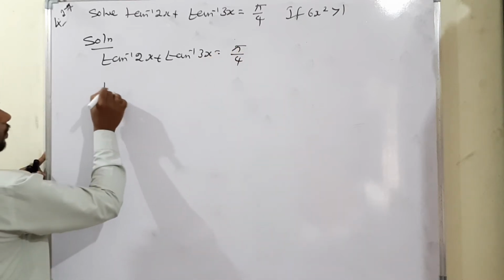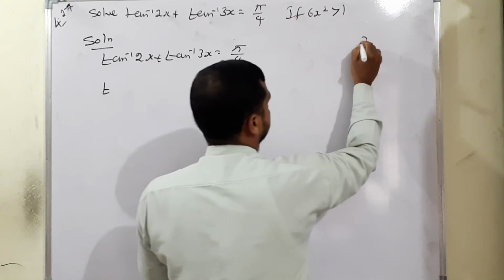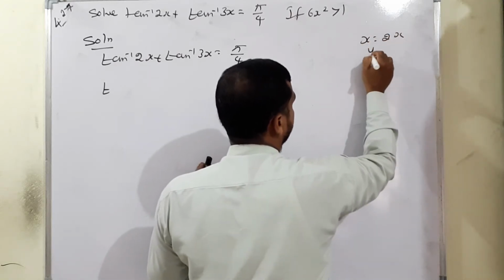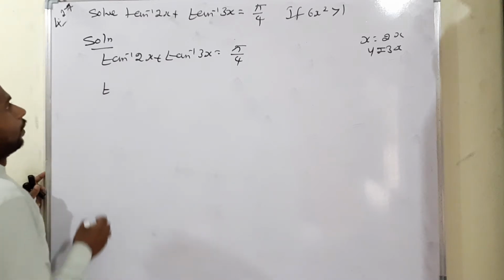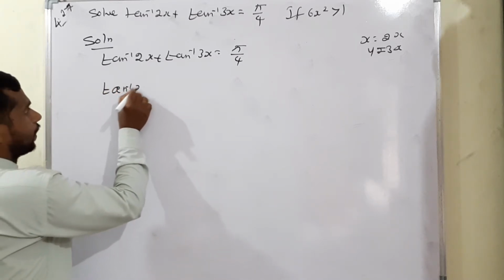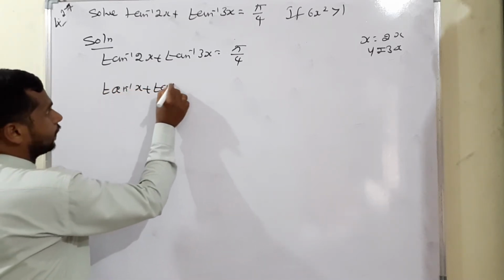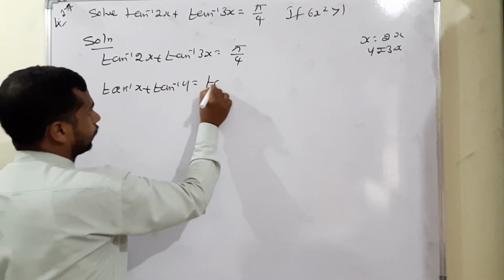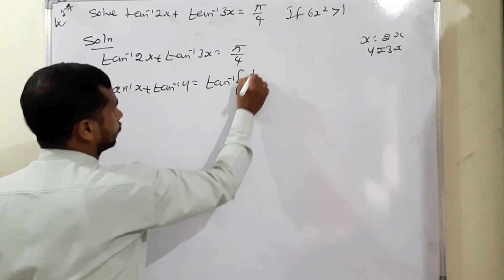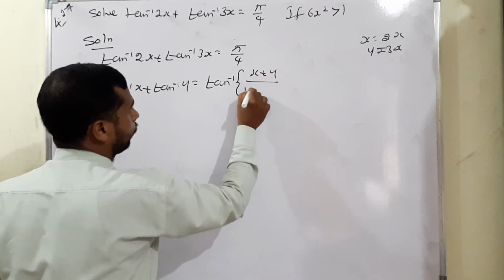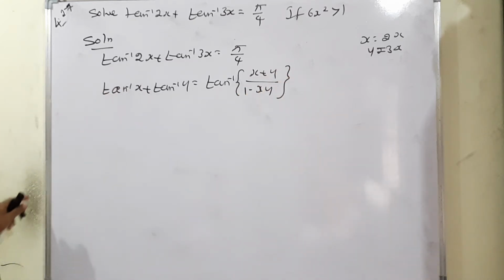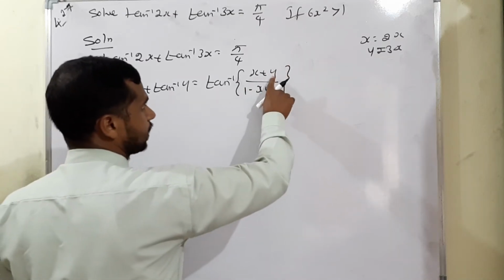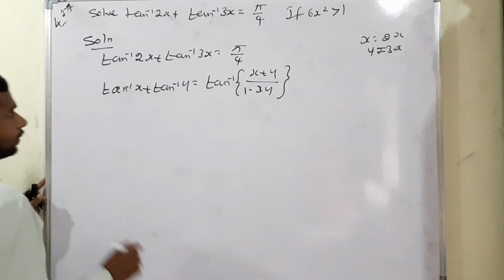First we consider x is equal to 2x and y is equal to 3x. The formula: tan inverse x plus tan inverse y is equal to tan inverse of x plus y over 1 minus xy. So instead of x we take 2x, instead of y we apply 3x.